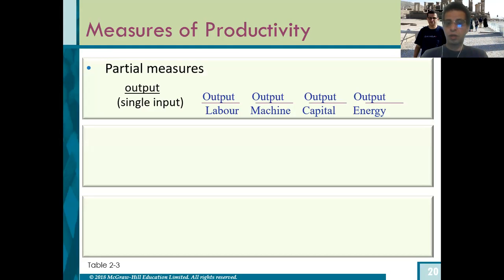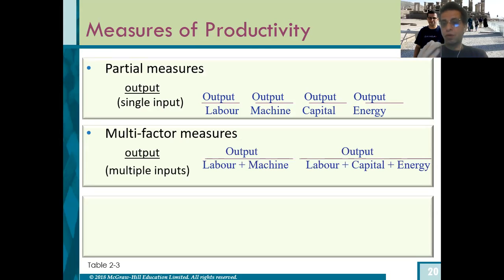There are different ways of partial measurement of productivity. Now you also have the multi-factor measurement, which is a combination: could be labor and machine, labor, capital and energies, or labor and energies. These are multi-factors that you can look at from a different corner of the situation.